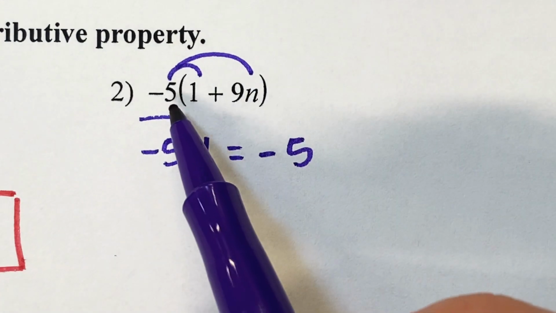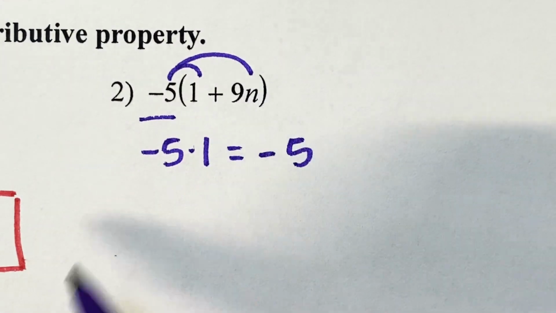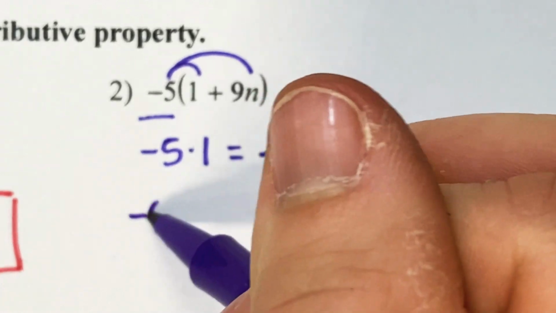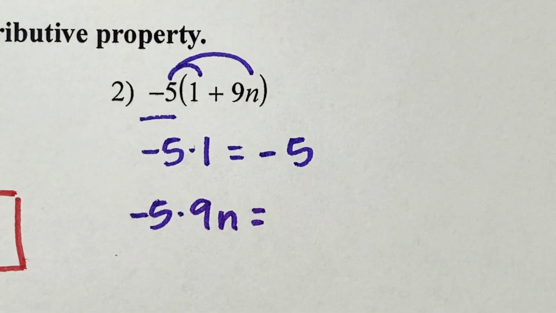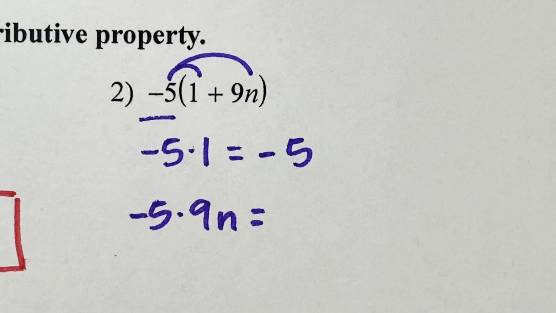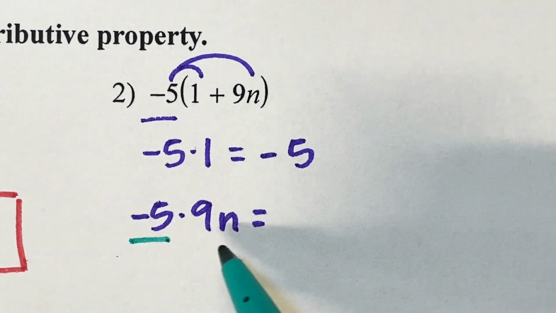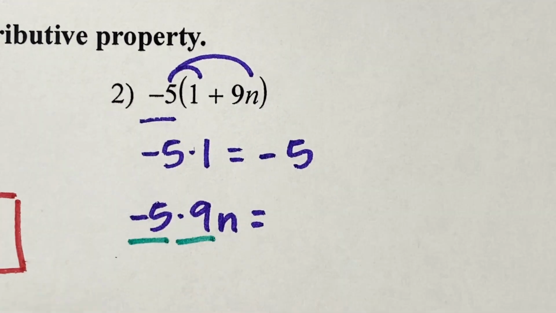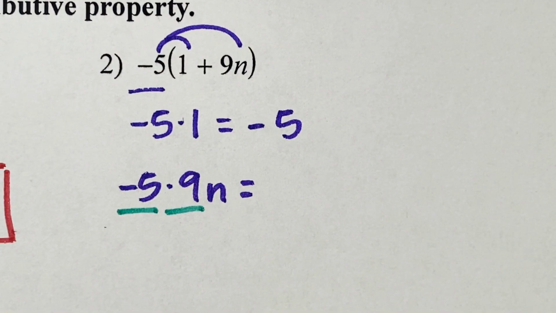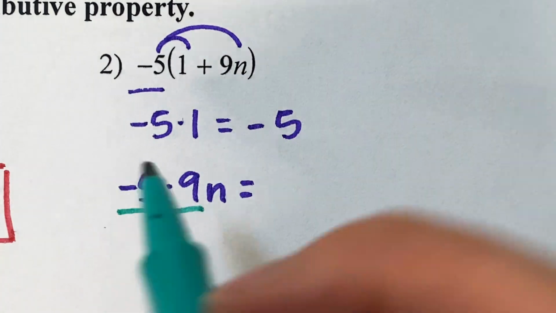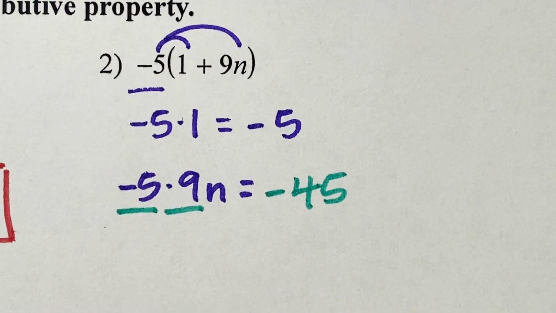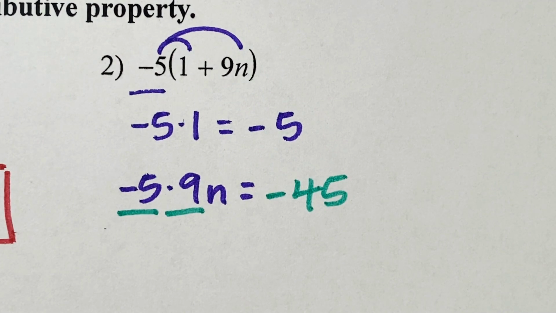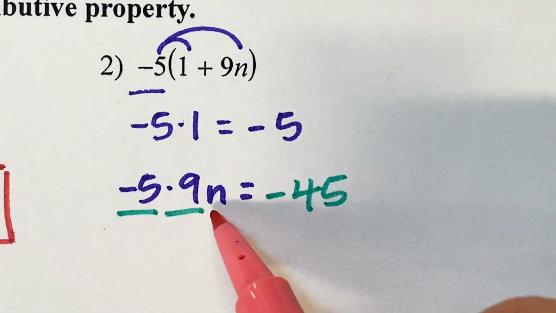Now it needs to distribute to the positive 9n. So negative 5 times positive 9n. Let's look at it one piece at a time. First look at your coefficients, negative 5 times 9. What is negative 5 times 9 going to give me? It's going to give me negative 45. Then you look at the variables. How many n's were being multiplied?